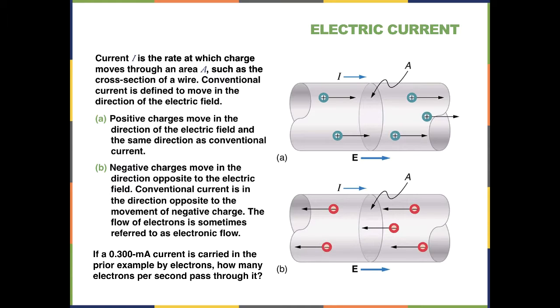So you would take that and divide by 3,333. If you did that math, you'd get 4.8 times 10 to the 15th electrons that pass through that little disk marked by A every second.